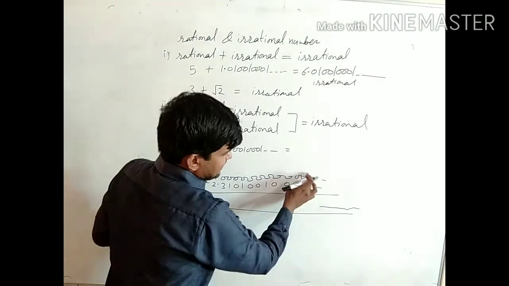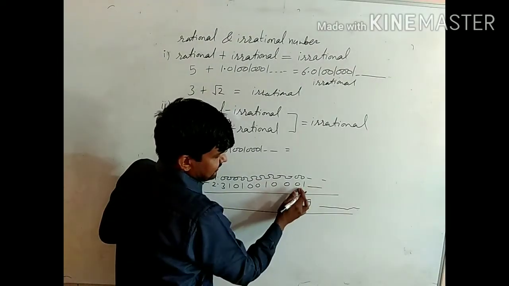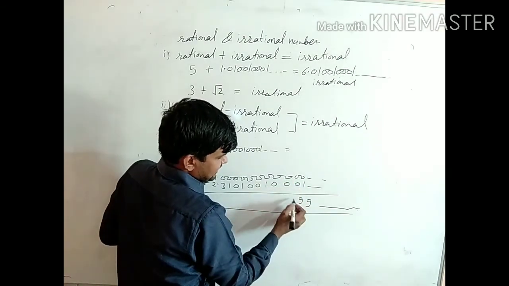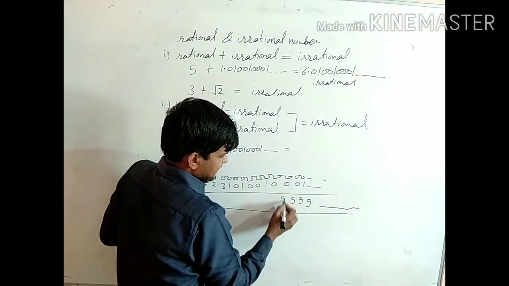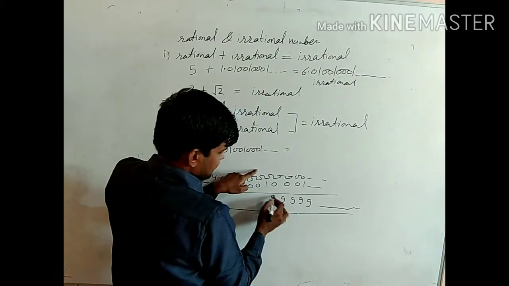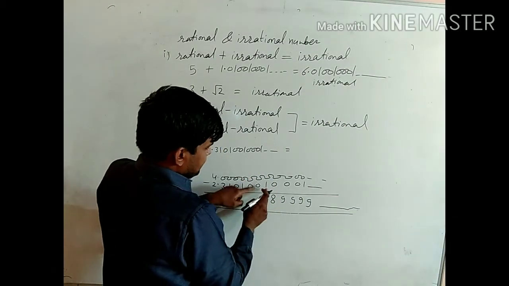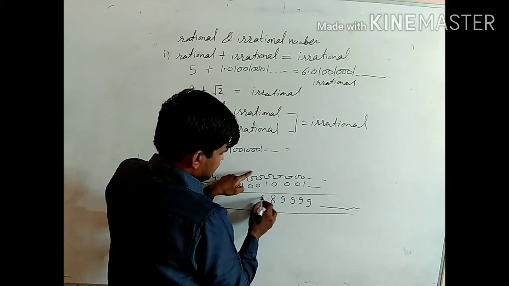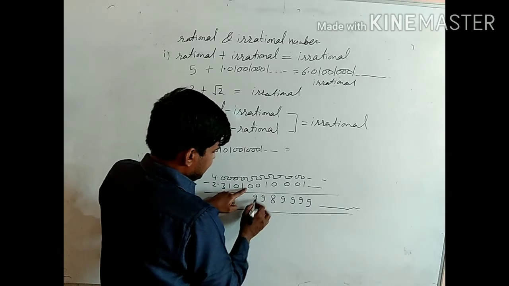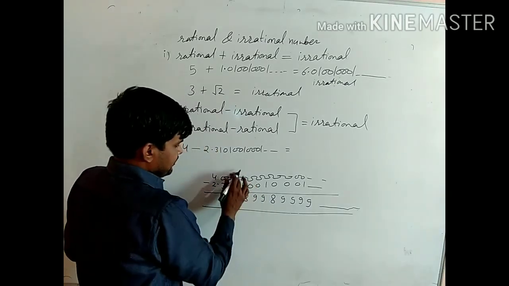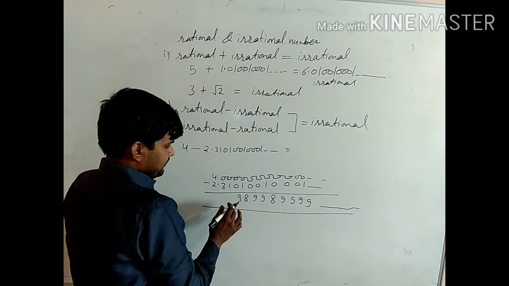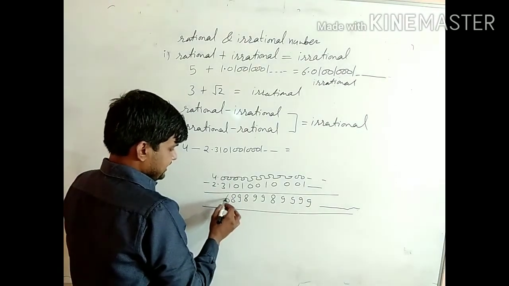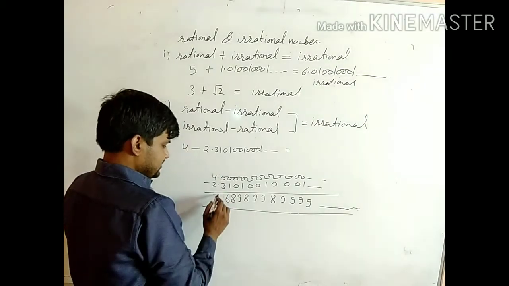Subtract: 10 minus 1 is 9, then 9 minus 0 is 9, 9 minus 0 is 9, 9 minus 0 is 9, 9 minus 1 is 8, then 9 minus 0 is 9, 9 minus 0 is 9, 9 minus 1 is 8, 9 minus 0 is 9, 9 minus 1 is 8, then 9 minus 3 is 6, then 3 minus 2 is 1.